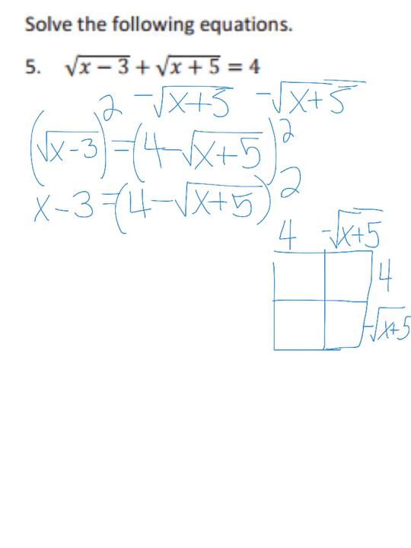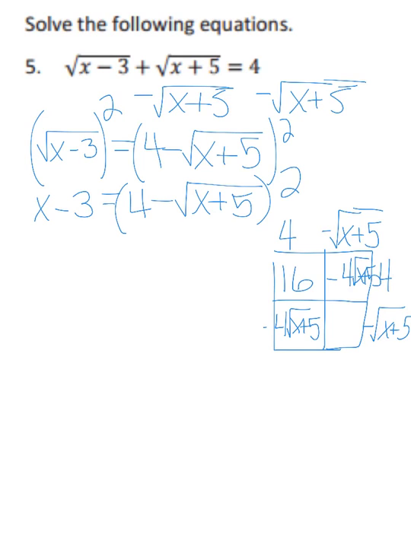Well, 4 times 4 here will get me 16. Negative square root of x plus 5 times 4 will be negative 4 square root of x plus 5. And same thing, 4 times that negative radical x plus 5 will be negative 4 radical x plus 5.